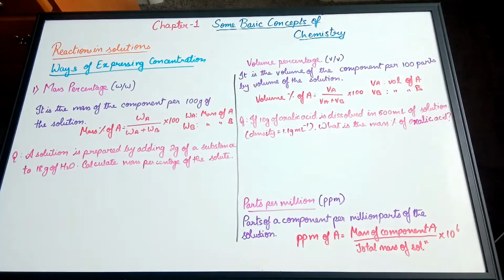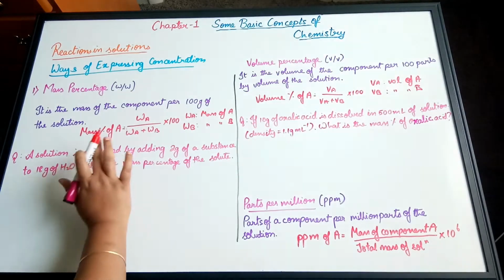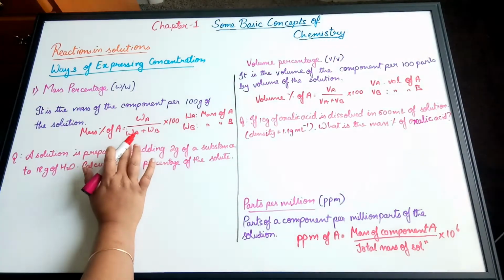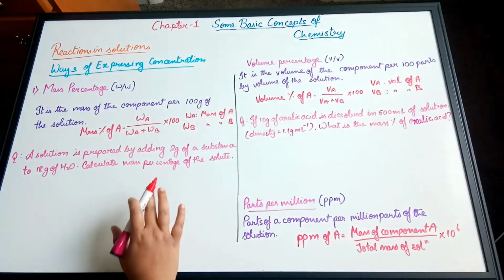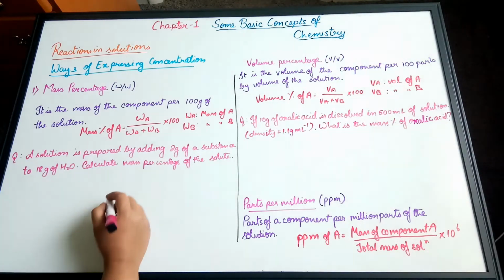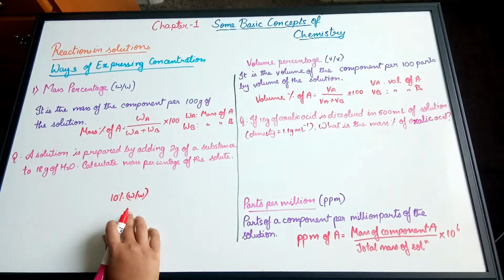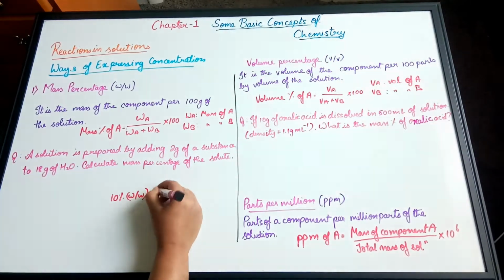Mass percentage is used when you have a solid solute basically. It is the mass of component per 100 grams of the solution. So mass percentage of A equals WA by WA plus WB into 100, where WA is the mass of A and WB is the mass of B. Suppose you have a 10% weight by weight solution of NaCl.